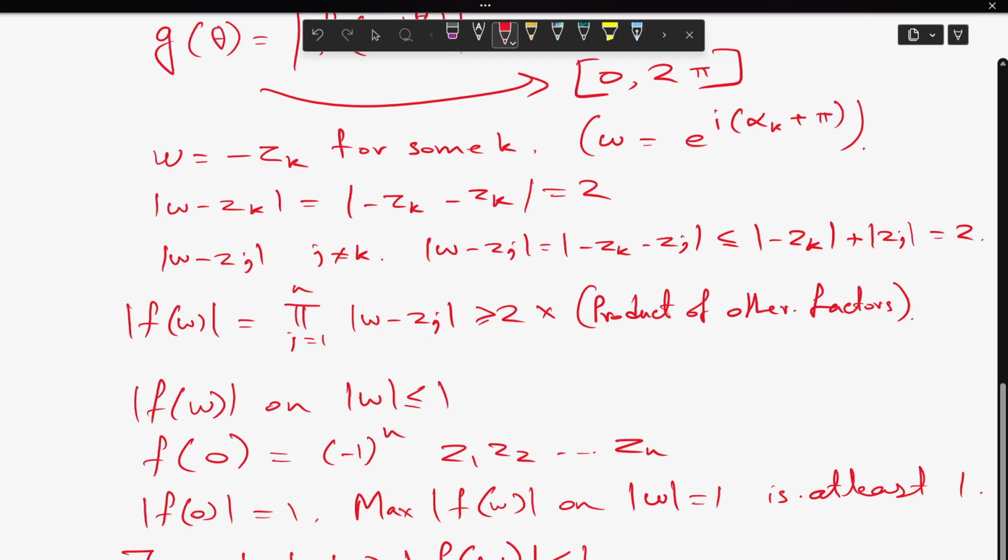But since our g theta is continuous and attains 0 at one value and a value greater than or equal to 1 at another, by the intermediate value theorem, it attains all values in closed 0, 1. So from that we can easily say that closed 0, 1 is a subset of this set.